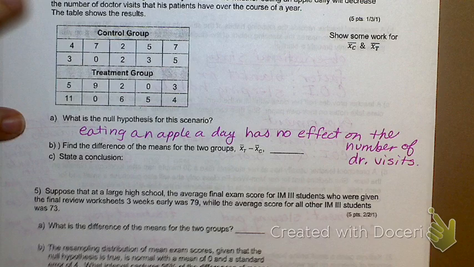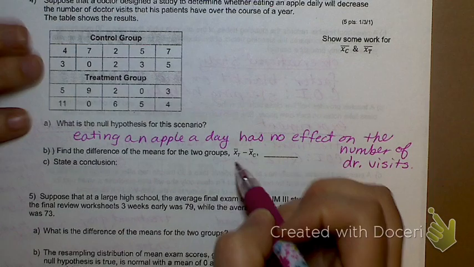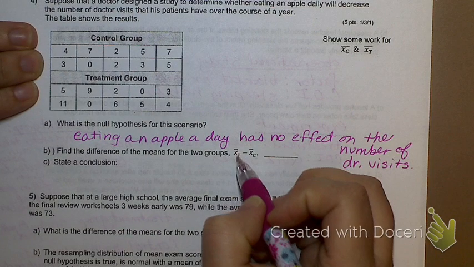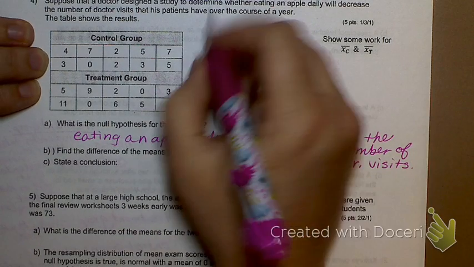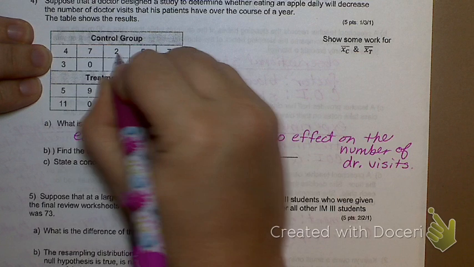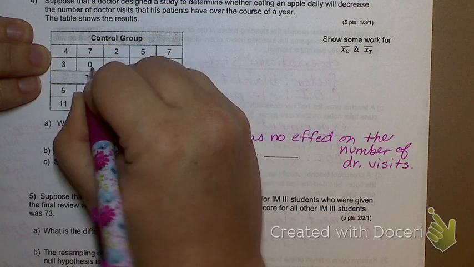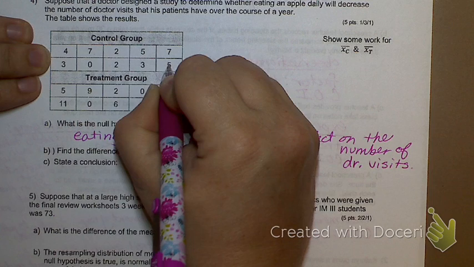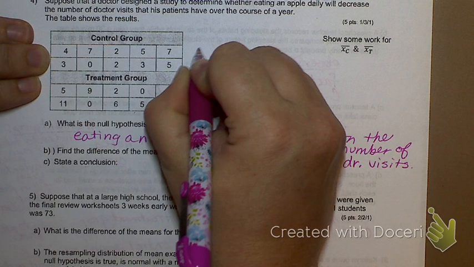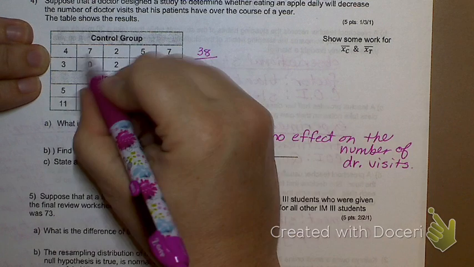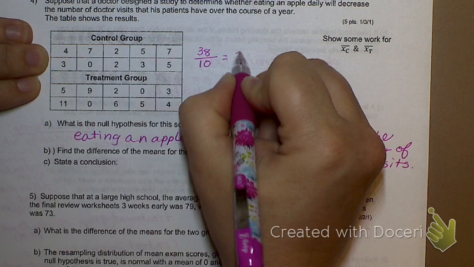So the difference of the means for the two groups, the mean of the treatment group and the mean of the control group. So 4 plus 7 plus 2 plus 5 plus 7 plus 3 plus 0 plus 2 plus 3 plus 5 happens to be 38. Divide that by 10 numbers, and I get 3.8.